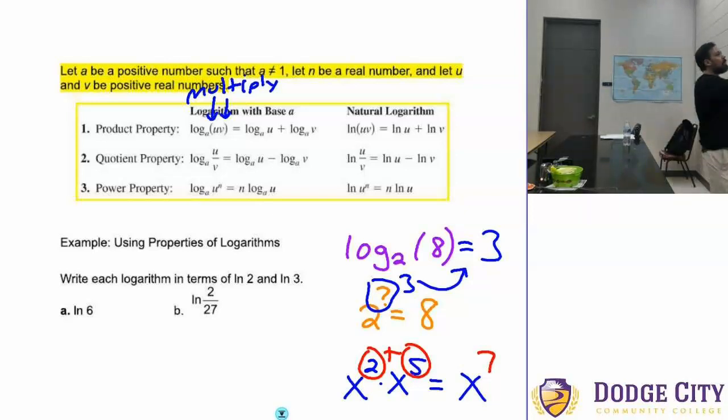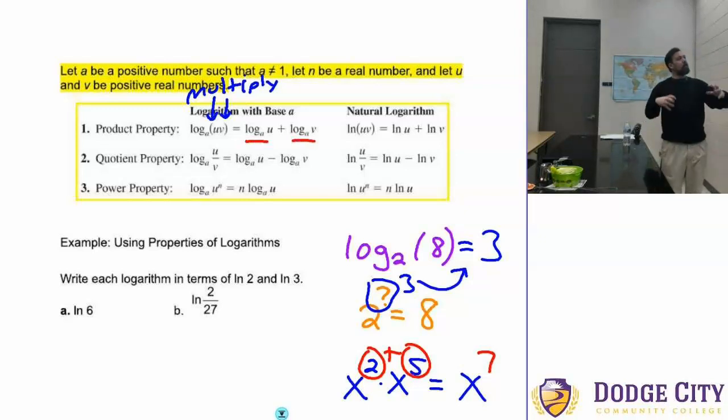That is why we are adding these logarithms together. So if you're multiplying the u and the v inside of the single logarithm, it turns out you can split those up into separate logarithms, but you will add those individual logarithms together because those logarithms are representing the exponents associated with u and v. And if you're multiplying u and v together, you would add those exponents, so those logarithms get added together.